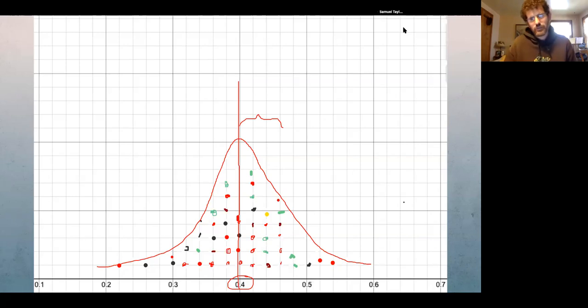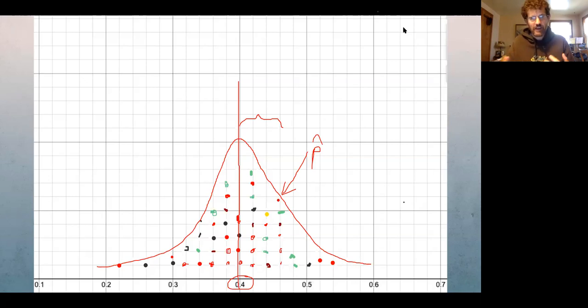Each one of these dots represents a p hat. It's a sample proportion. We had to take a sample from a population, and from that sample, figure out what proportion were successes.